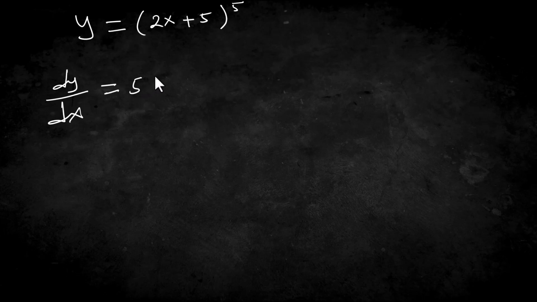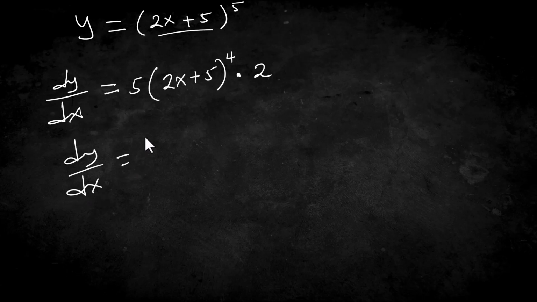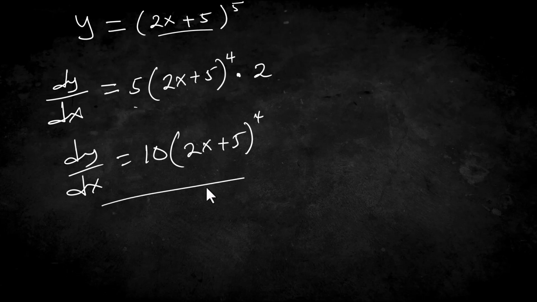So we have 5 times (2x plus 5), and I'll reduce the power by 1, so 4. Then we differentiate what is in the bracket. So 2x plus 5 will be derivative of this, 2. So we have dy/dx: 5 times 2 is 10. You have 10 times (2x plus 5) to the power 4.